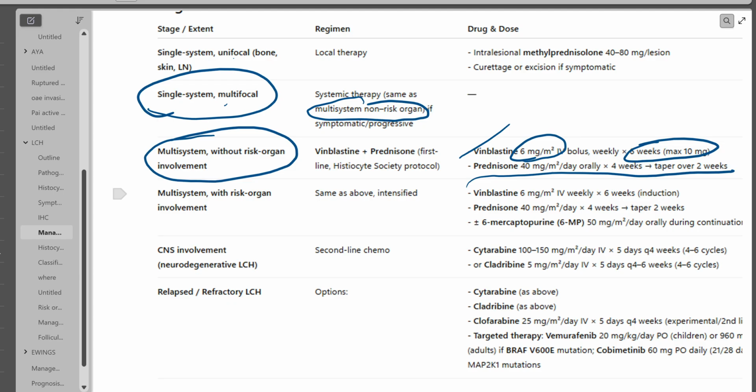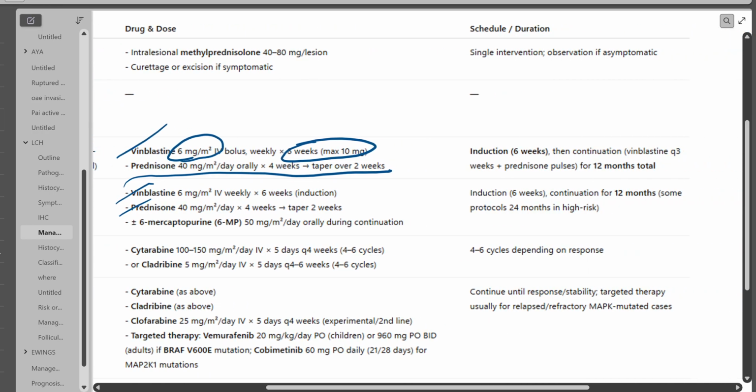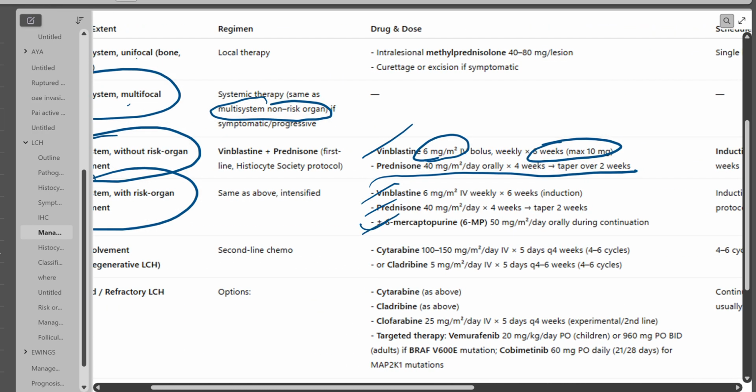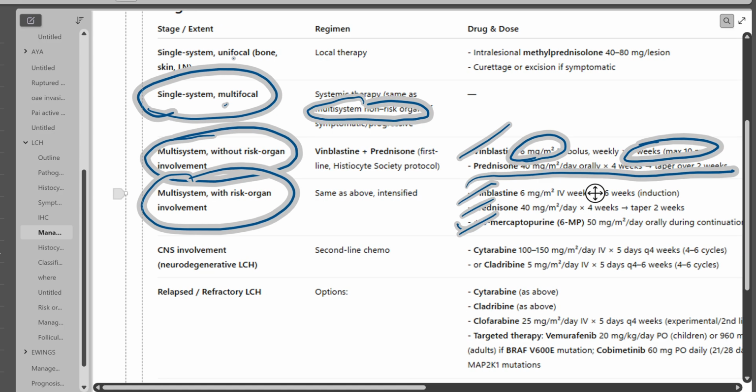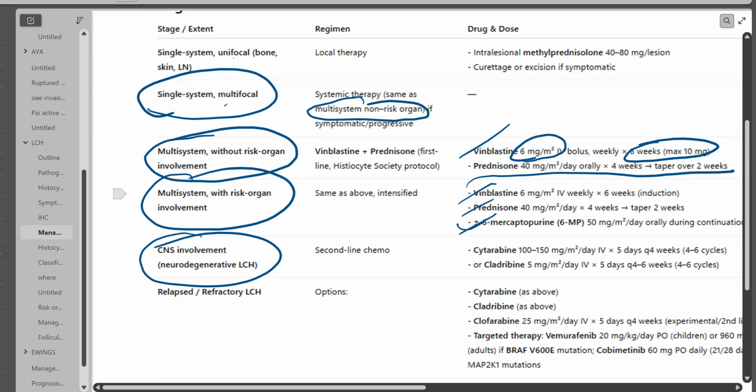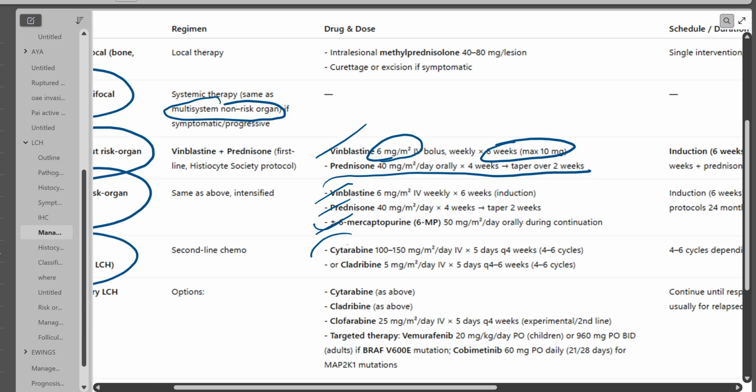If it is multi-system with risk organ involvement, you will still give vinblastine and prednisolone, and you will continue mercaptopurine because of the risk. If there is CNS involvement, neurodegenerative, it is treated like AML, almost a cytarabine based protocol.